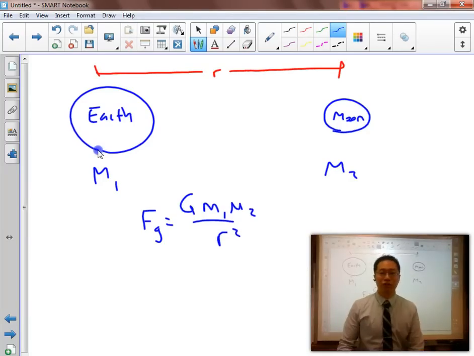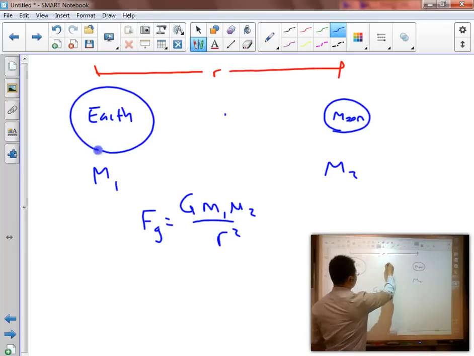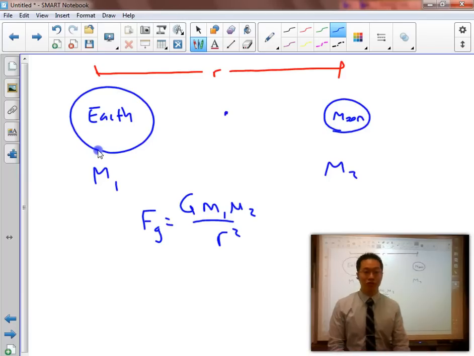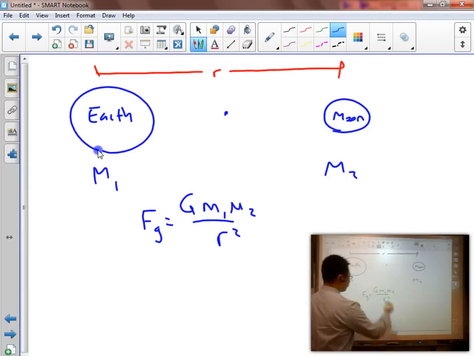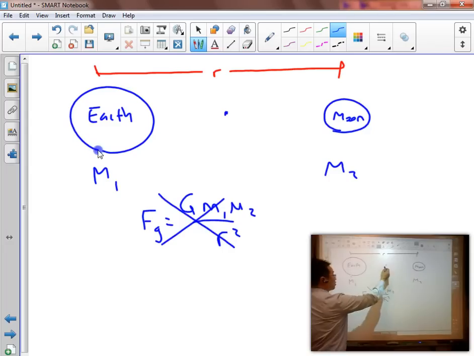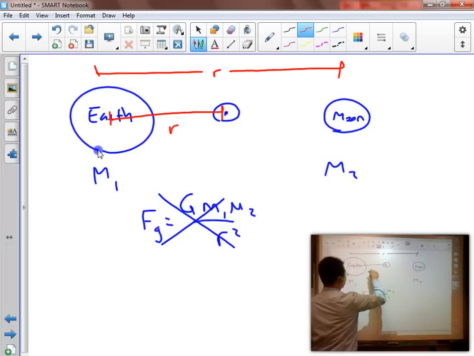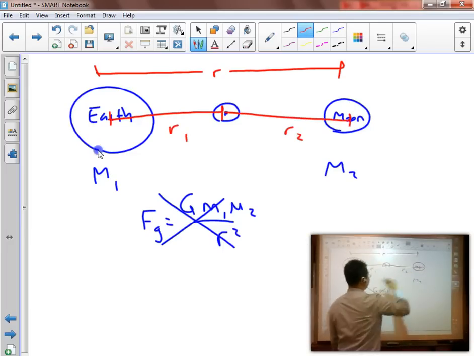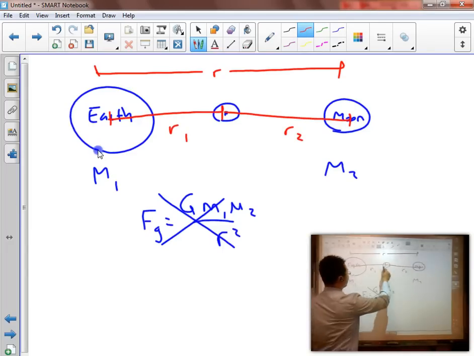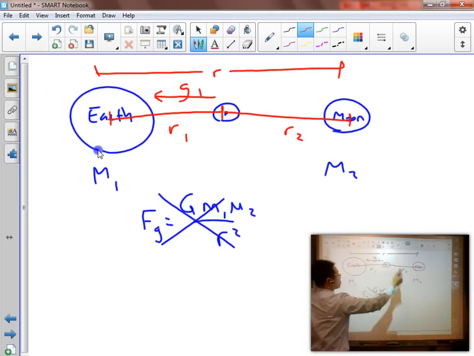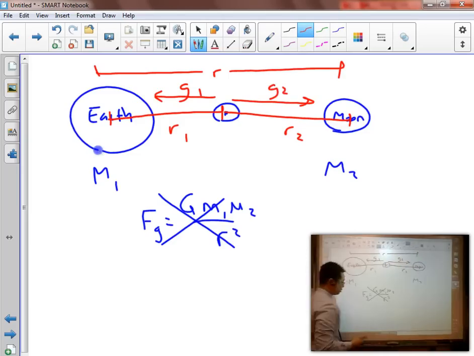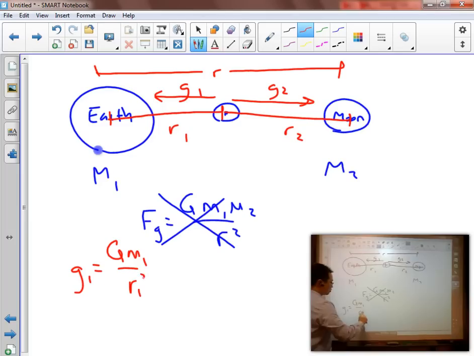However, if I wanted to solve for the gravitational field in between those planets, I want to know what's the total gravitational field at that location. This is not the right formula to use. Now, there's nothing that actually exists at that location, but I know that it is a certain distance away from the Earth, as well as a certain distance away from the Moon. So in this case, I know that gravity 1 points towards the Earth, gravity 2 points towards the Moon. So I would have to solve for the gravitational field of the Earth, which would be g1 equals G M1 over R1 squared.